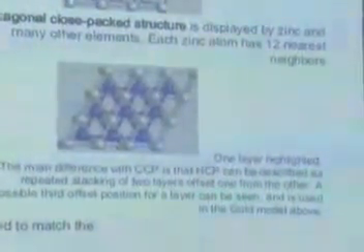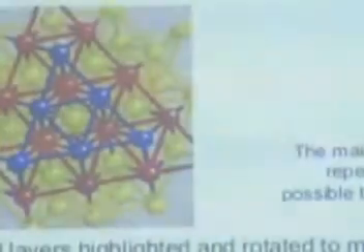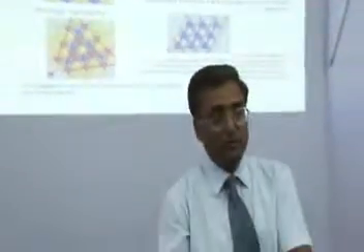A possible third offset position for a layer can also be seen and is used in the gold model here. So this is the two diagonal layer model. So this is how one can think of a crystal structure.